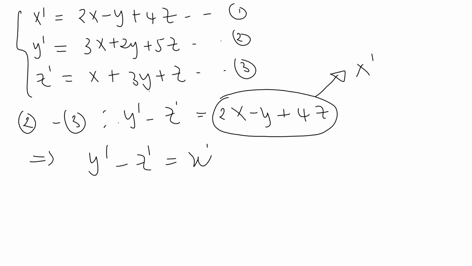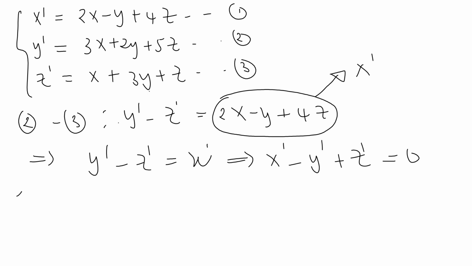So I now need to write it in the form I gave you. I need to send everything to the right hand side so that I get x prime minus y prime plus z prime equal to 0. So this is the equation of the plane.